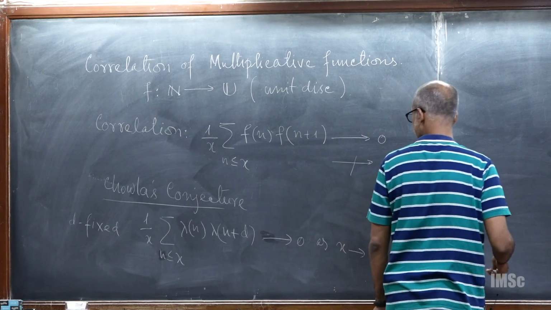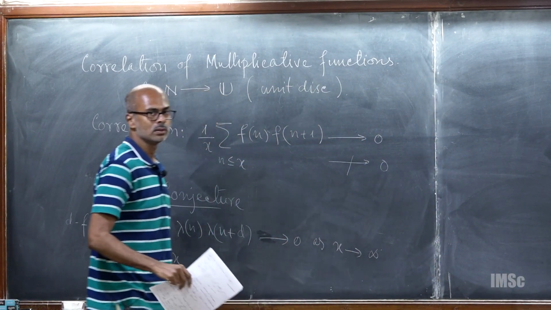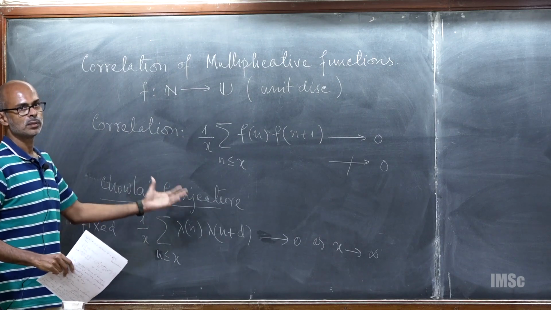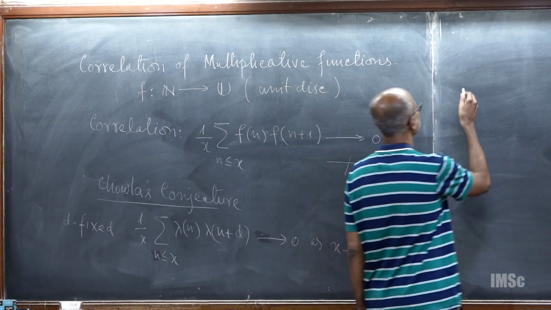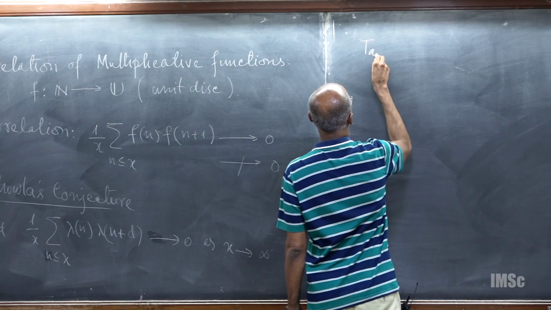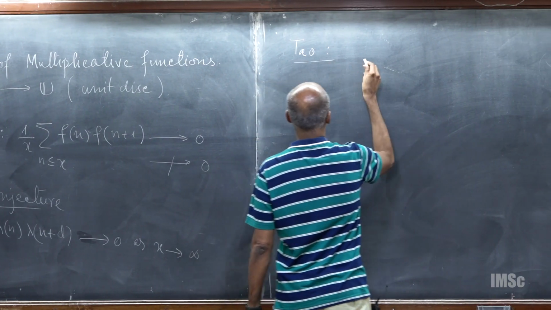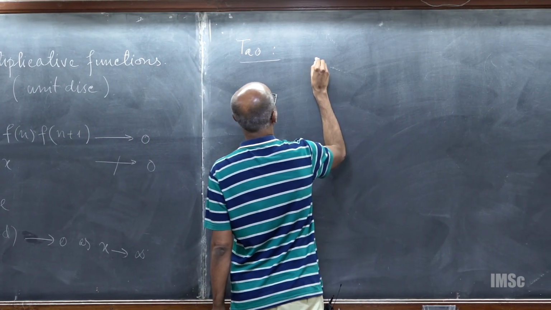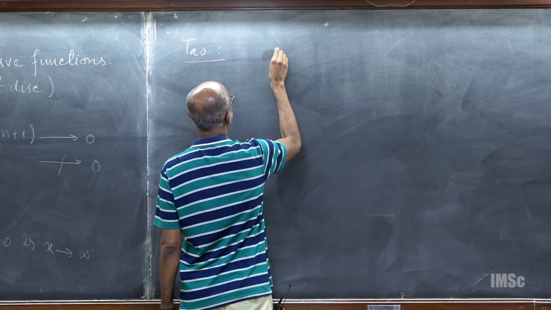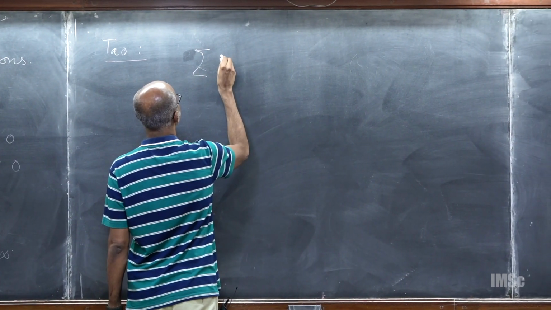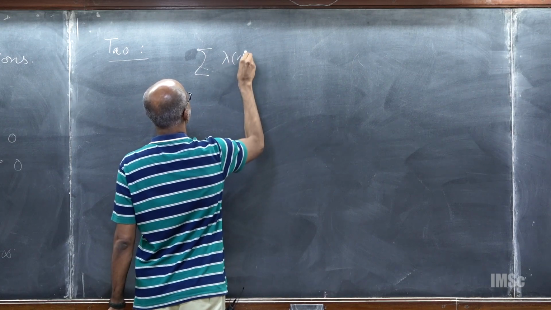This is still open, it's not known, but what is known is a logarithmic version. This is due to Terence Tao, and this is what is known as logarithmic Chowla.